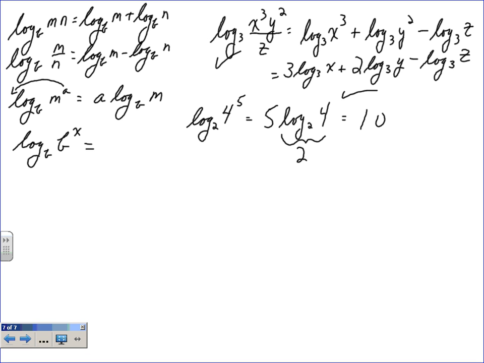X times 1 is x. Okay. So in other words, if I had log base 7 of 7 to the 5th power, the answer to that would be 5. 5 times log base 7 of 7.